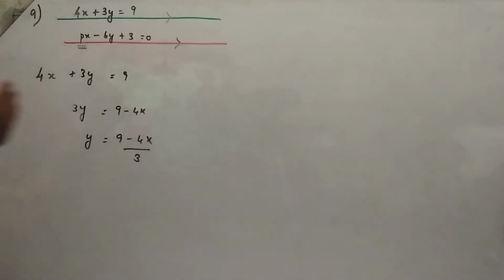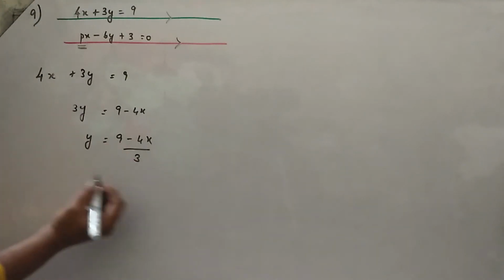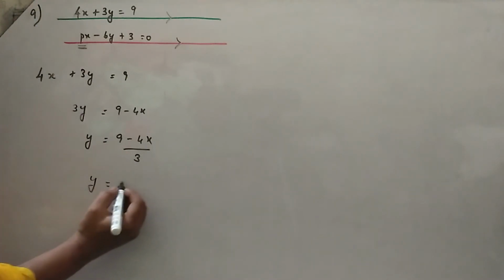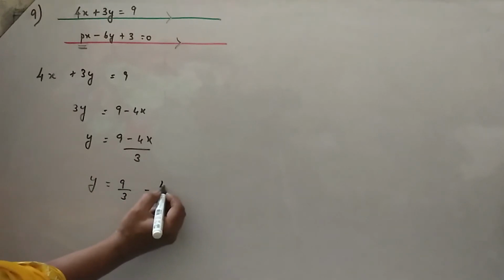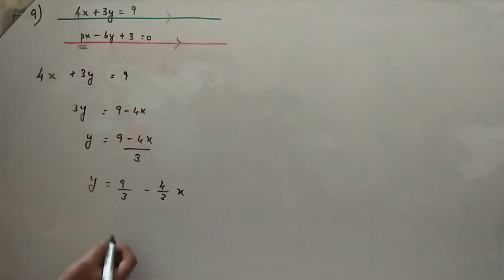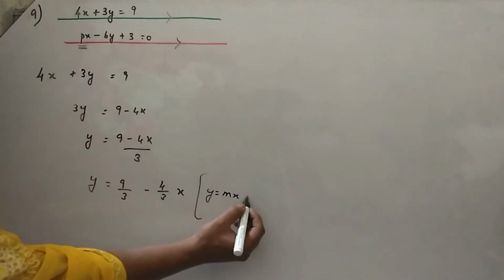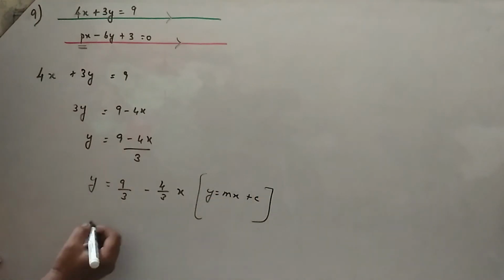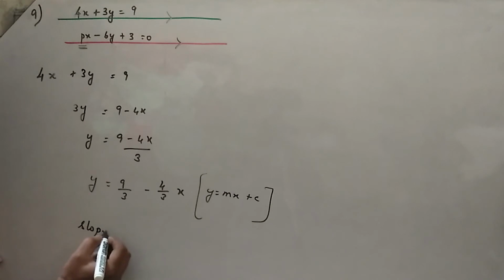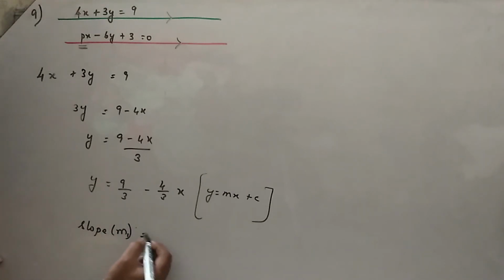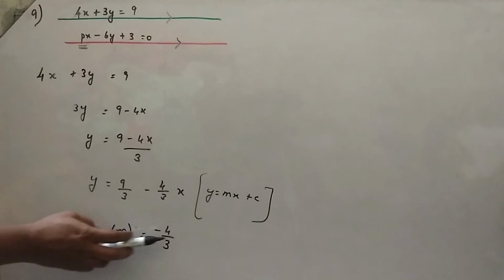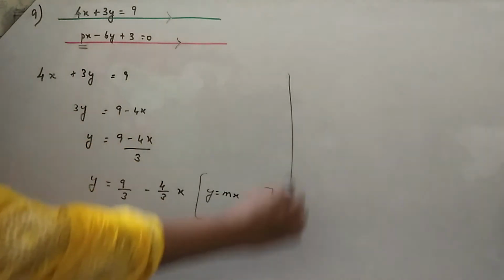Now y is equal to 9 upon 3 minus 4 upon 3 x. Okay, it is in the form of y is equal to mx plus c. So, slope is equal to minus 4 upon 3. Slope of the first line is minus 4 upon 3.